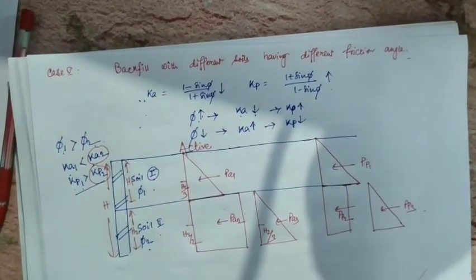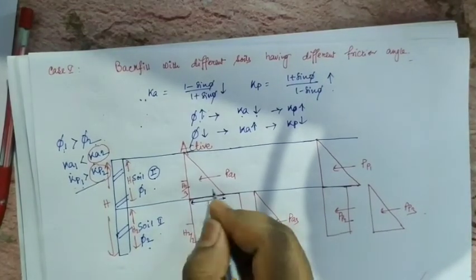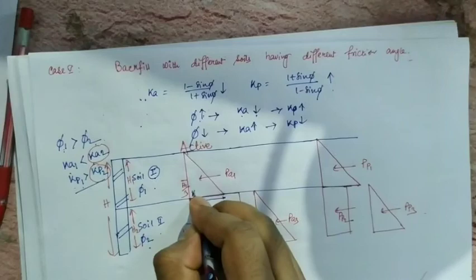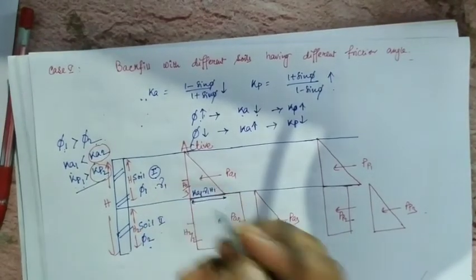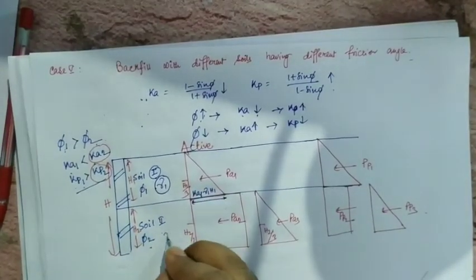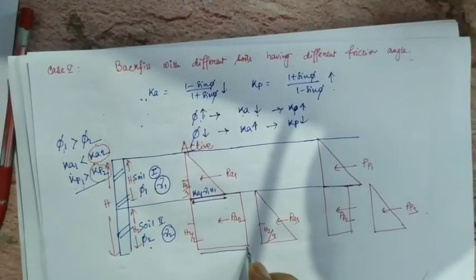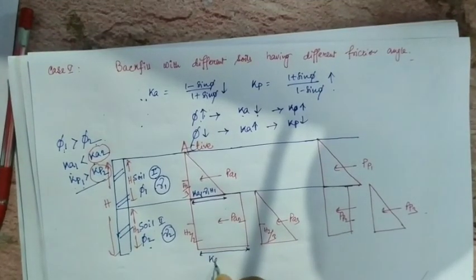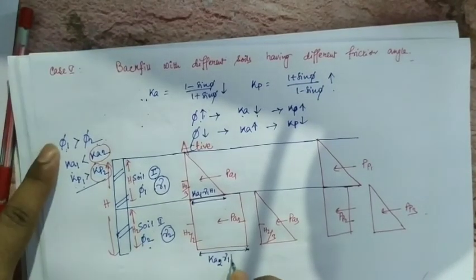Now look, what will be the value? This value will be Ka1 gamma 1 h1. Suppose gamma 1 is the unit weight of soil 1, gamma 2 is the unit weight of soil 2. What will then be the surcharge pressure? It will be Ka2, not Ka1, gamma 1 h1.